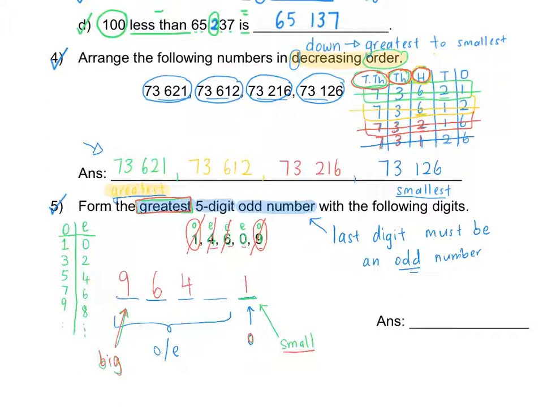We strike, and the last digit will be digit 0. We strike. And therefore, the answer for question 5 will be 96,401. This is the greatest 5-digit odd number that can be formed with the given digits.